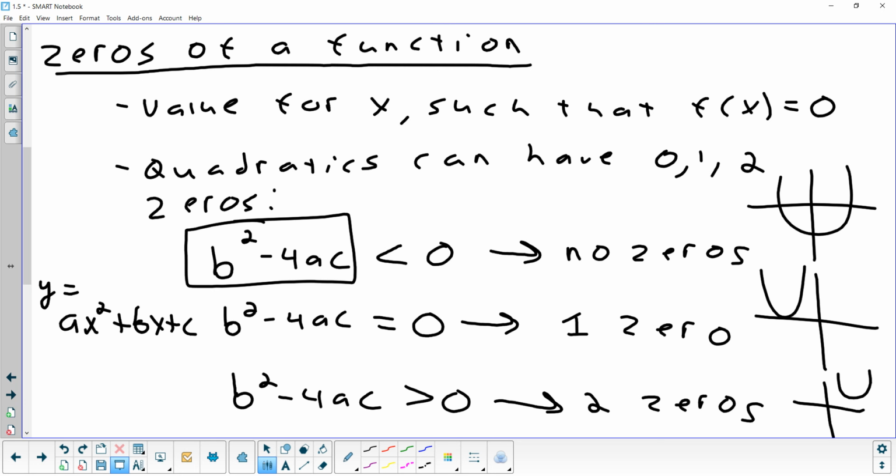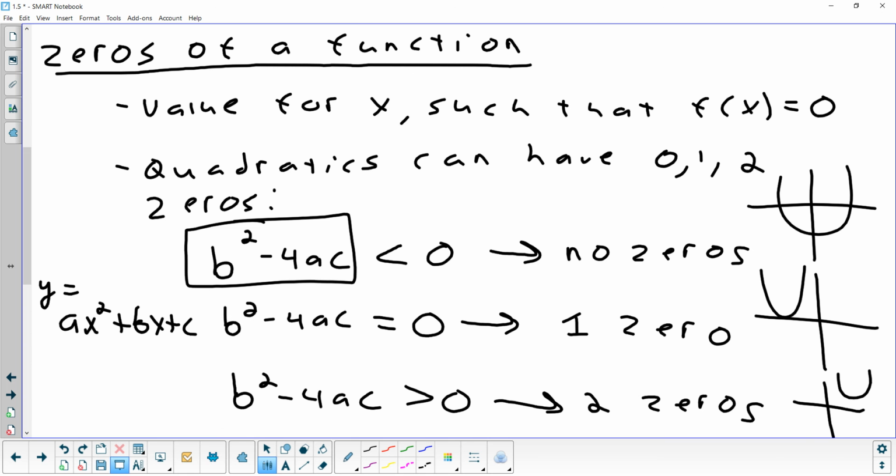So if b squared minus 4ac comes out less than 0, you have no root. If it comes out exactly equal to 0, then you would have one root, or 1 zero, one x-intercept, all the same thing. And if it comes out greater than 0, you would have two x-intercepts, or 2 zeros.